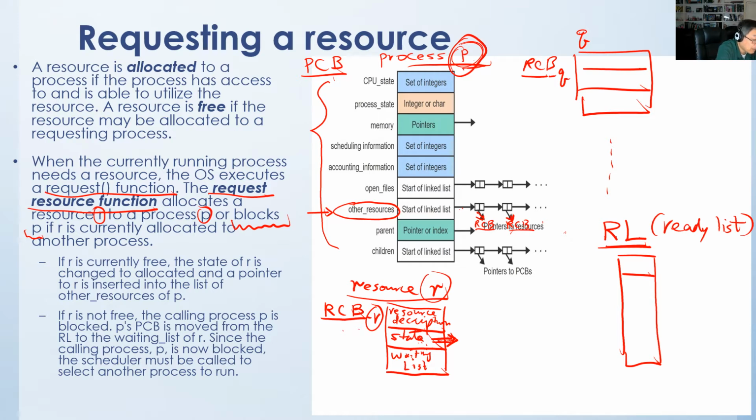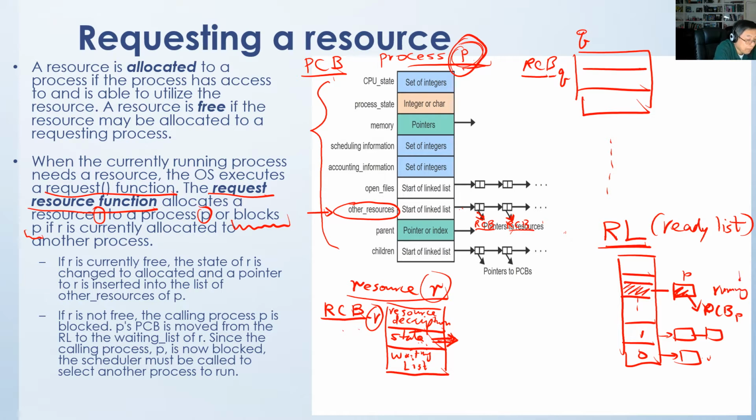Technically, the ready list holds the processes that are ready to run. The ready list is organized into different priorities: here are the lowest priority processes waiting for the CPU, and a little bit higher priority processes waiting here. Suppose that P is over here somewhere, and it's currently running.